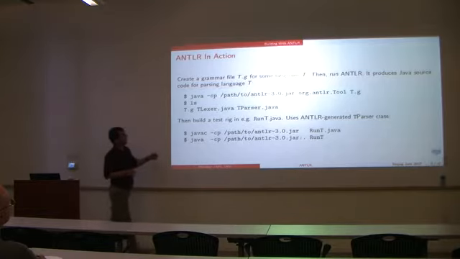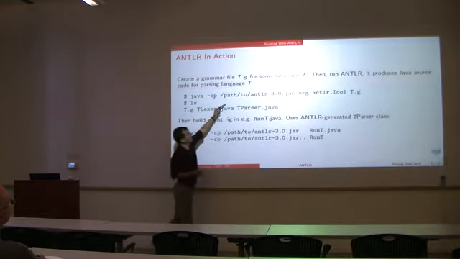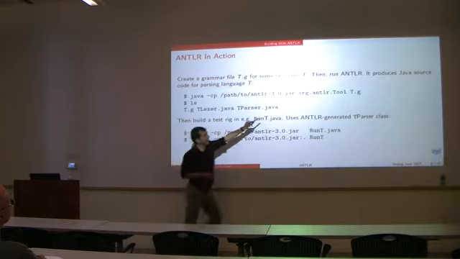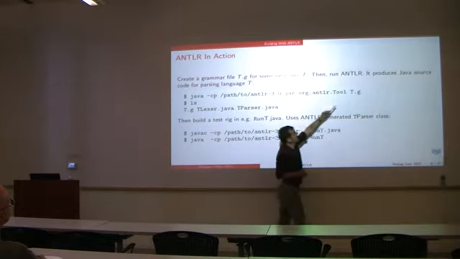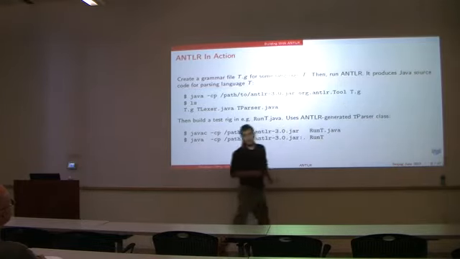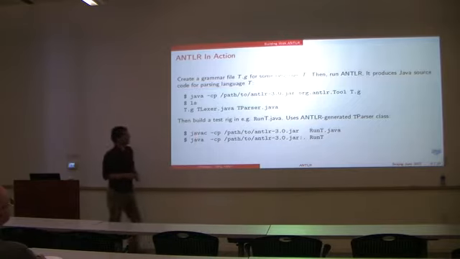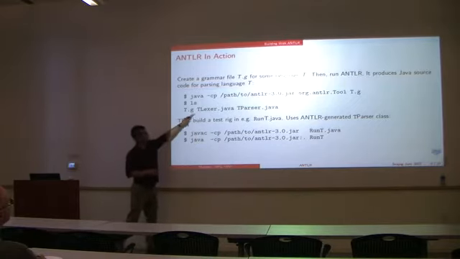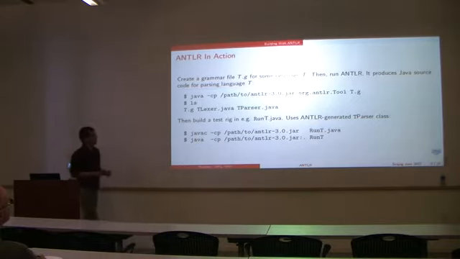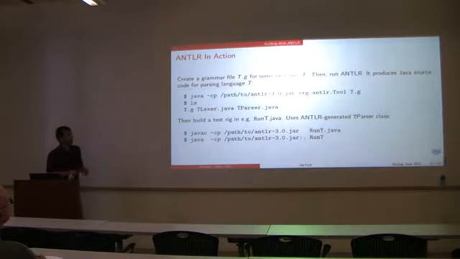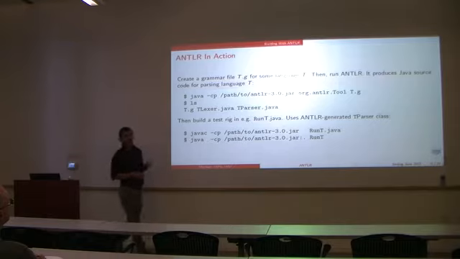And to run it, I just need whatever jar that class is in. And I give it my grammar file on its command line argument, and then I list what I've got, and it's produced this. Okay? That's given me a program that can recognize programs written in the language T.